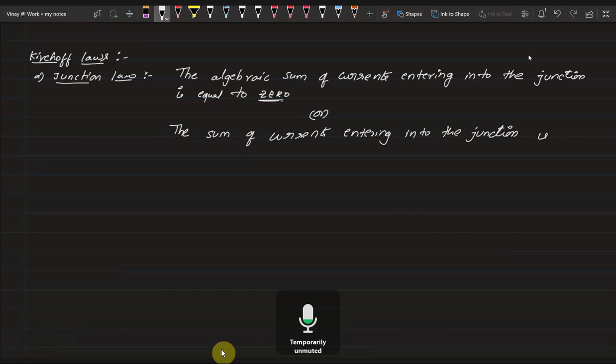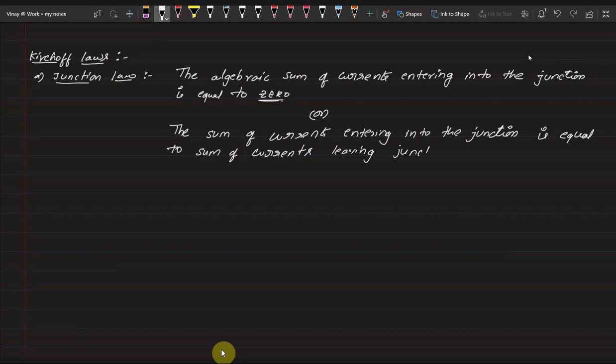So the sum of currents entering into the junction is equal to the sum of currents leaving the junction. This is Kirchhoff's first law. For that, we have taken some examples. For example, if I take some resistors like this.